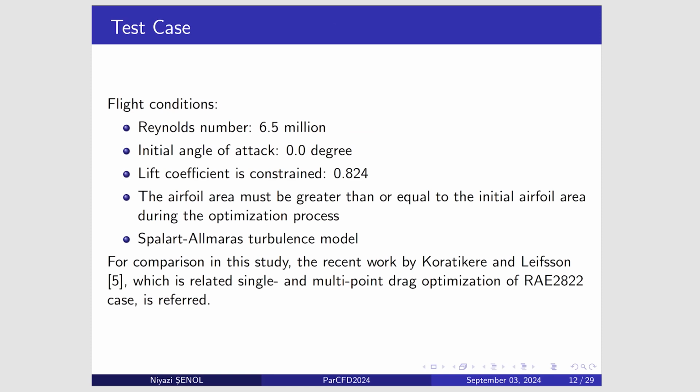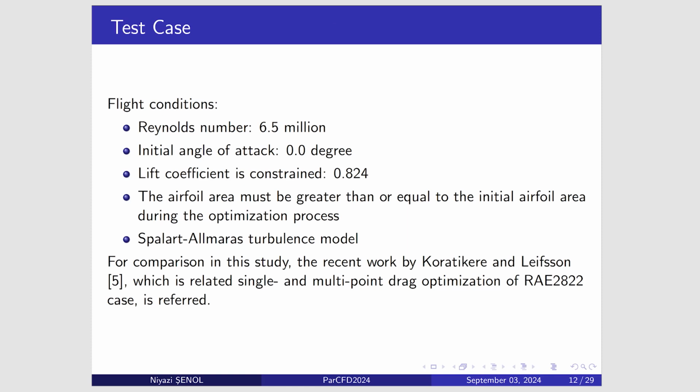This is our test case definition. The flight condition is Reynolds number 6.5 million. The Mach number for a single point is 0.734. Initial angle of attack is 0 degrees. We have an aerodynamic constraint, a lift constraint, of 0.824.